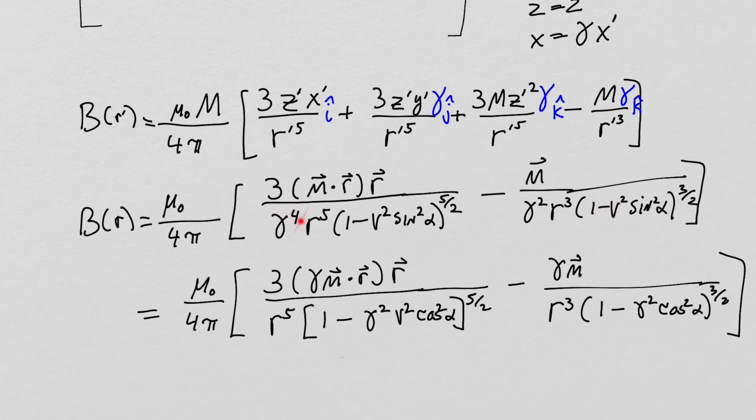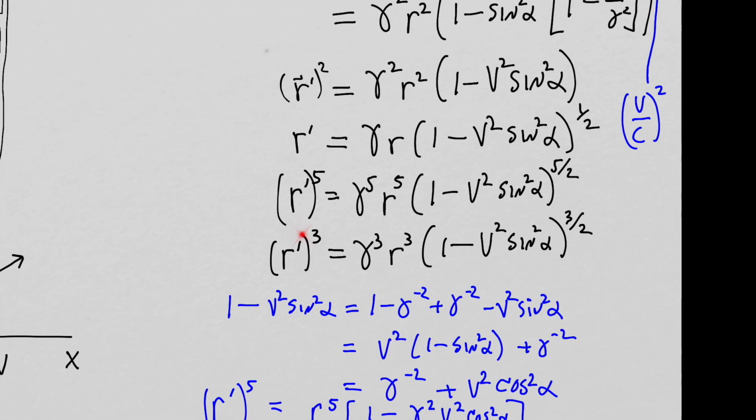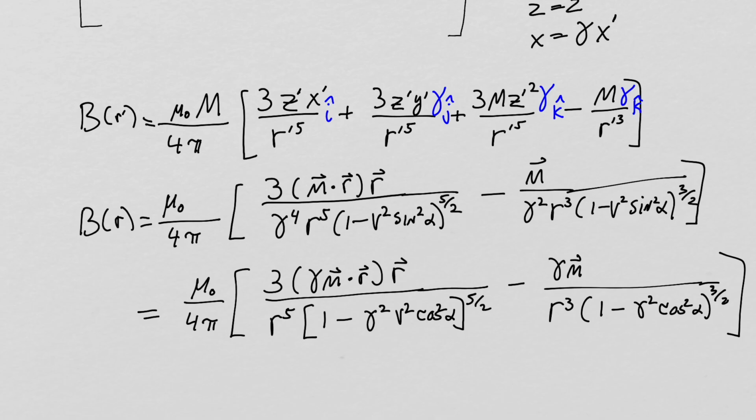Now you see gamma to the fourth here instead of gamma to the fifth. Remember, our substitution looked at a gamma to the fifth, r to the fifth, right? And the reason you see a gamma to the fourth is because the j term has a gamma in the numerator. This k term has a gamma in the numerator. These three terms are what's combining for this, right?